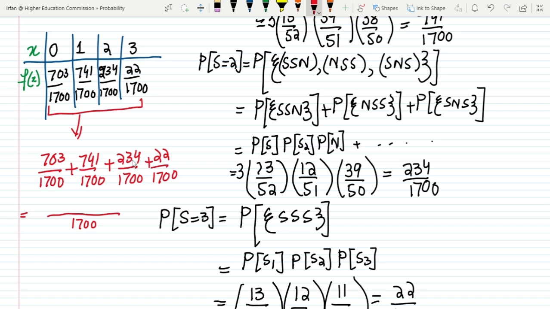So 1444 plus 22 is 1466. 1466 plus 234 is 1700, and you will see that these will cancel out, and ultimately you will get 1. Which is the condition for any probability distribution: when you add all the probabilities in it, the answer will be equal to 1.